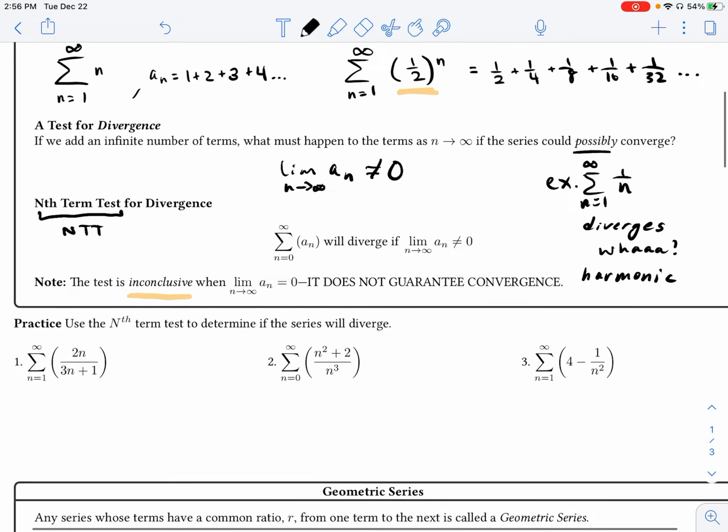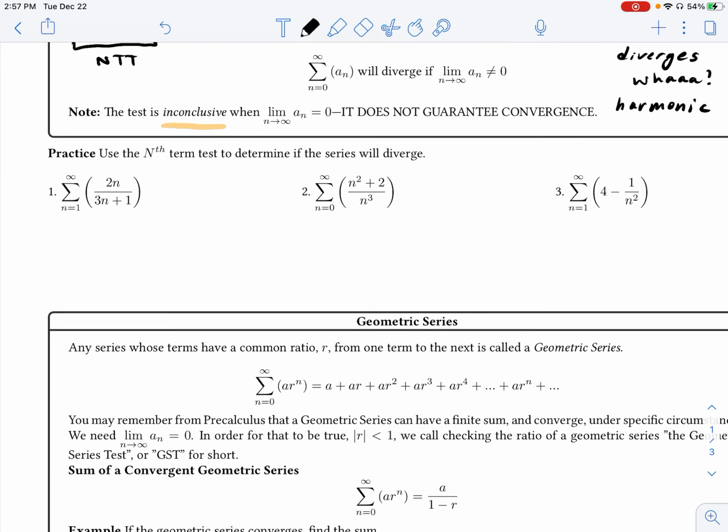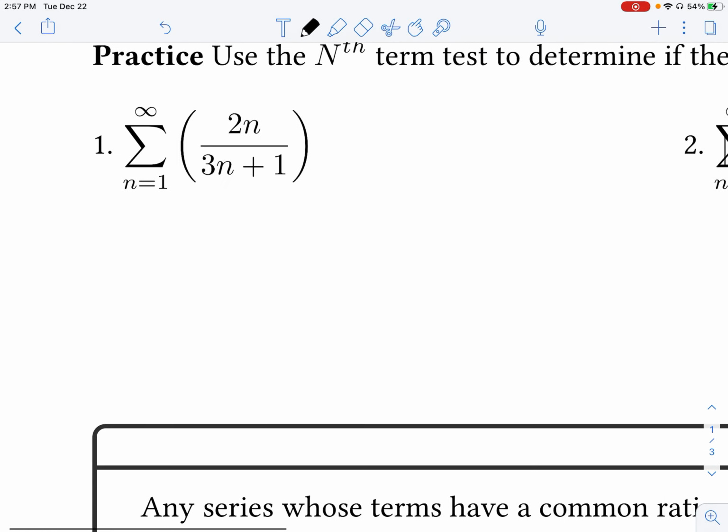We've got a couple of examples here where we are using NTT to determine whether or not the series will diverge. Again, we're not determining whether it converges, but whether it diverges. Let's start by applying NTT. Let's look at the limit of a sub n as n approaches infinity of 2n over 3n plus 1.